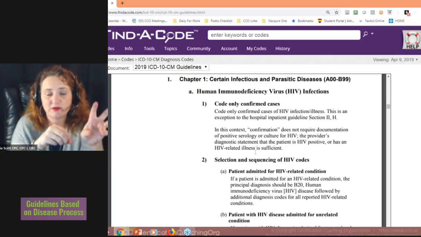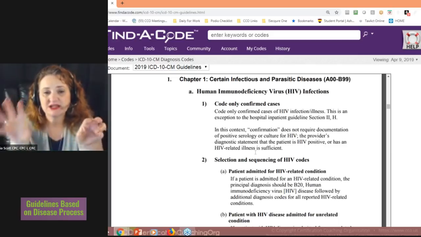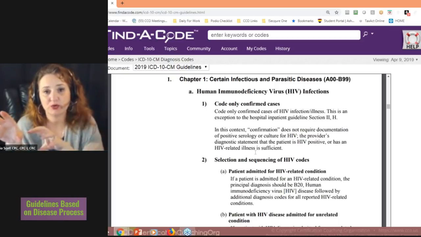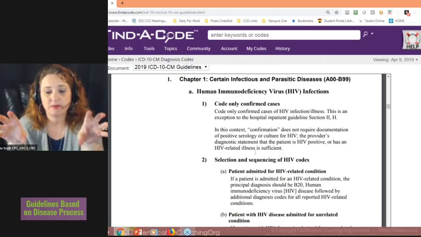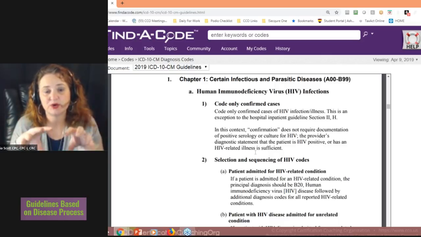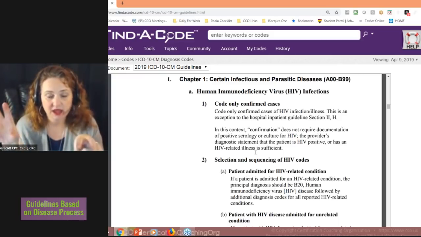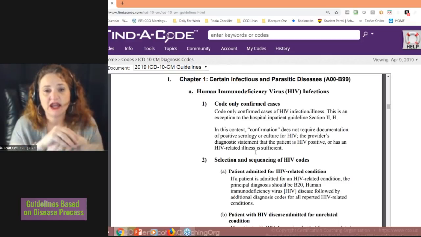A person can have the HIV virus in their system, so they're HIV positive, but that doesn't mean they have AIDS. AIDS means that they have manifestations of that HIV. It has progressed. The immune system has been suppressed to where you have a condition that takes advantage of that suppressed immune system and turns it into symptomatic HIV, which is AIDS. And the guidelines follow the disease process.